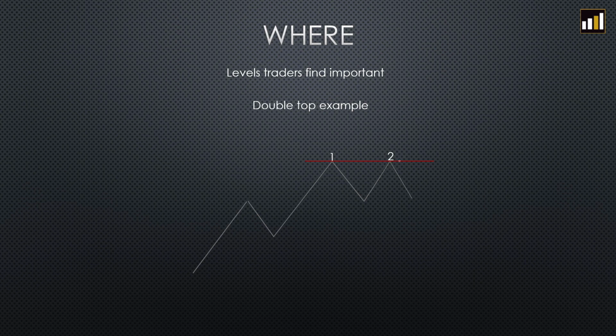Then this point number 2 here is where we would be zooming in and trying to find our setups. The setup is going to occur in this trend moving up here, but these are the ones that we just ignore. We are looking only at when we are at particular points on the chart.